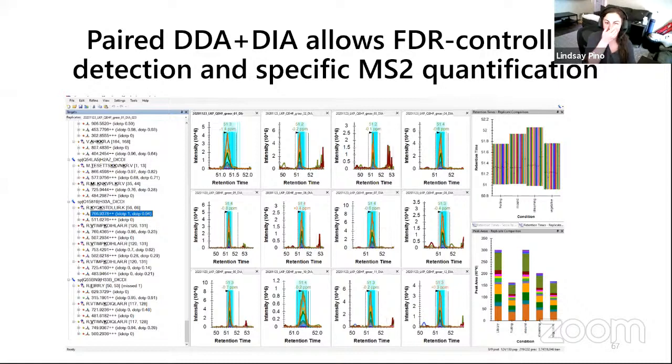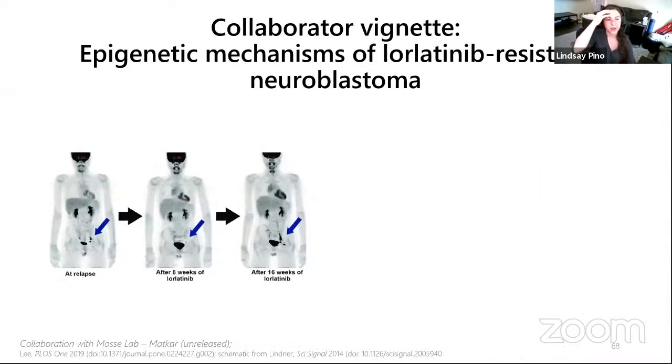So as I mentioned, using these tools versus some of the other histone PTM tools that are available out there has really enabled my collaborators to do a lot more with their epigenetic analyses. I have a collaborator who's been working on epigenetic mechanisms of neuroblastoma. One of the drugs that you use to treat neuroblastoma is lorlatinib.